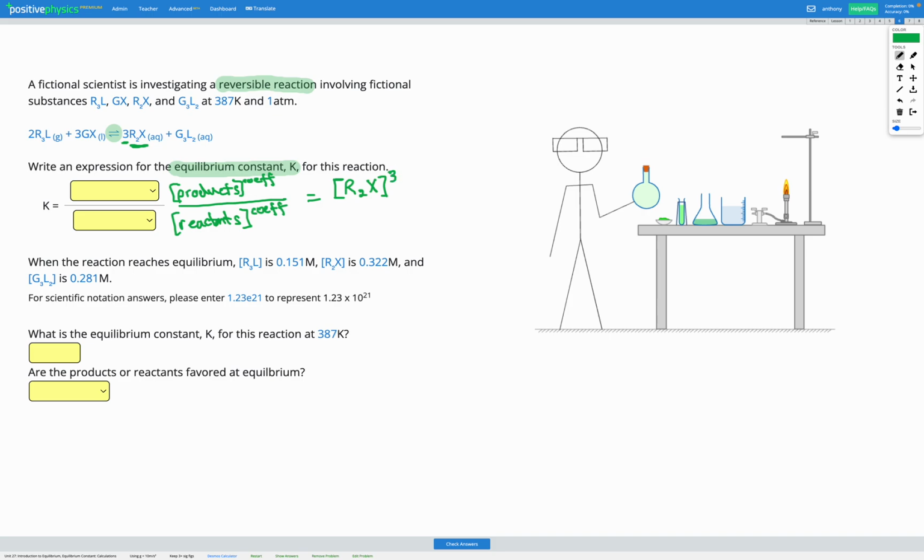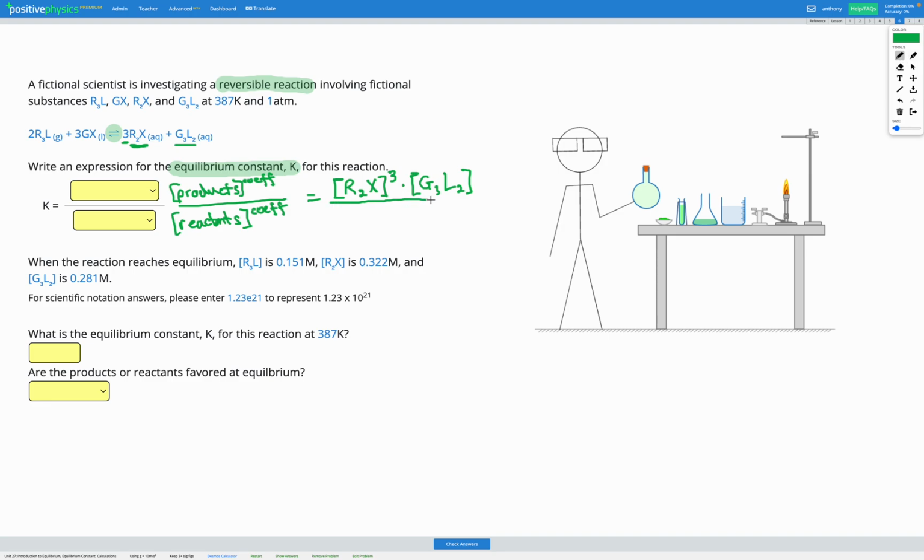Then we're going to multiply that by our next product, which is G3L2, which is aqueous, meaning it's a solution. Because it's either a gas or a solution, that can appear in our K equation. So we're going to have the concentration of G3L2. And the coefficient for here is just 1. We've only got one of them. So that would be to the power of 1. But remember, to the power of 1 is just the same as the thing itself. So we don't need to include that. Okay, that's all our products done.